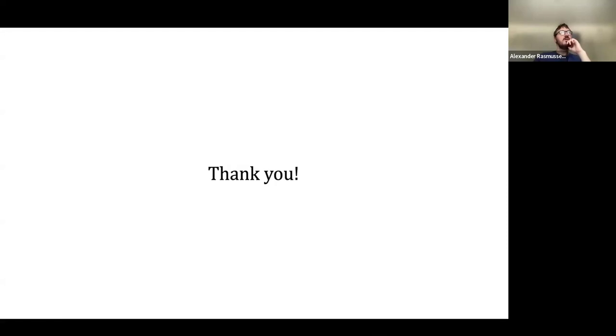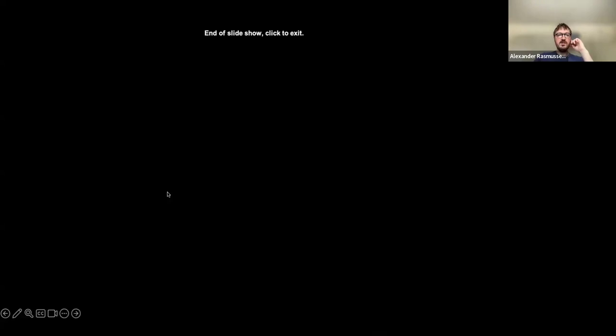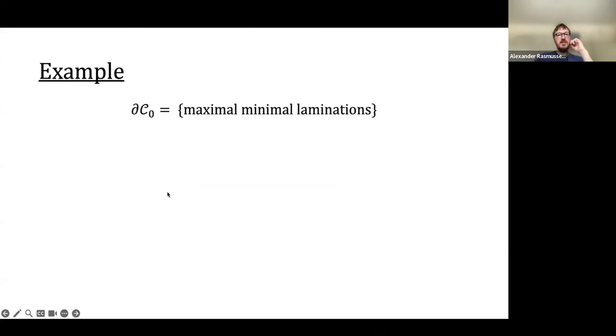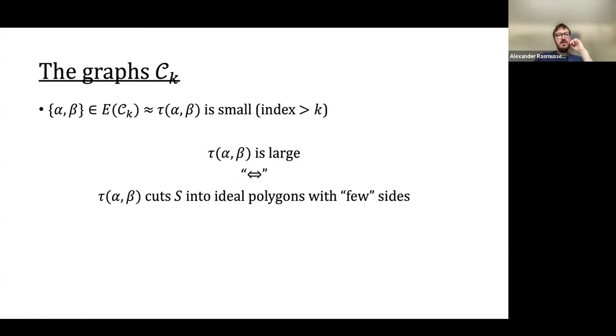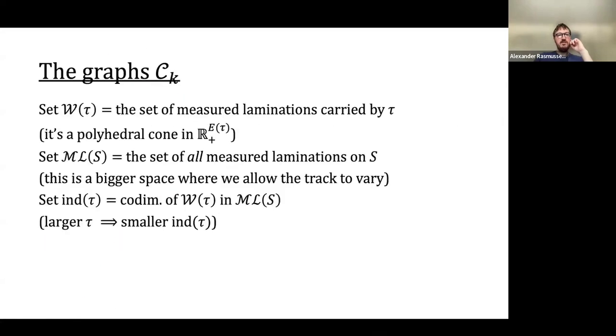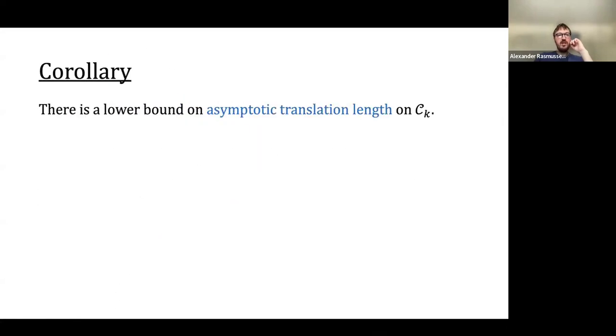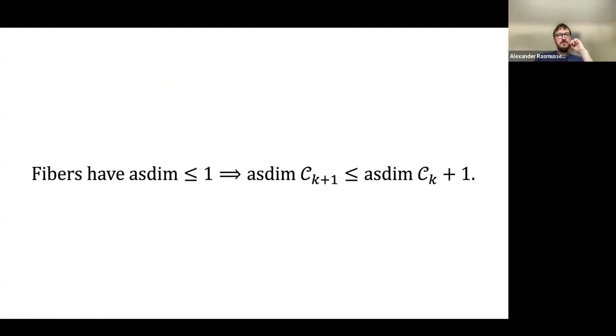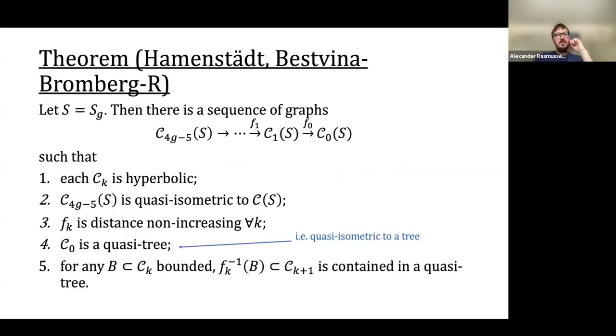Yeah, okay. A very important part of this theorem is that these graphs and maps are all equivariant. So these maps F_i are equivariant.